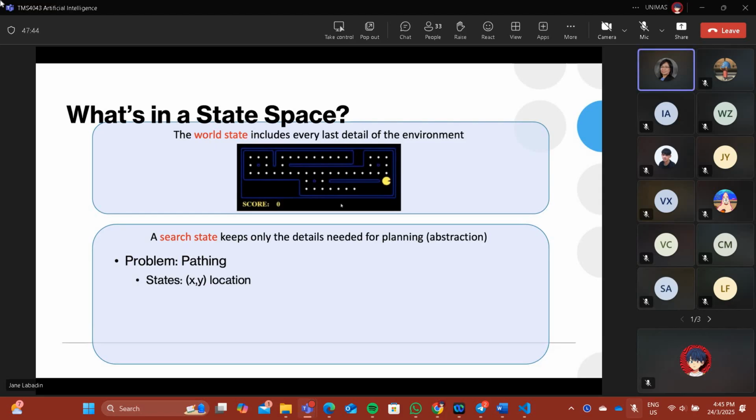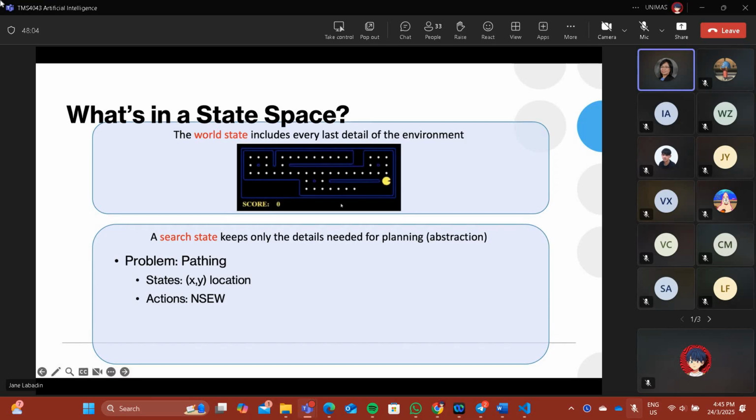So for a pathing problem like the cities just now, you can have the location as your state, the city like just now. And maybe your action is moving north, south, east, and west.